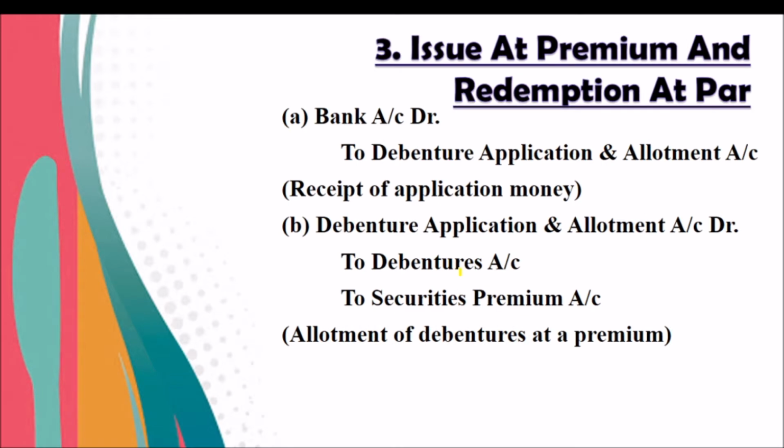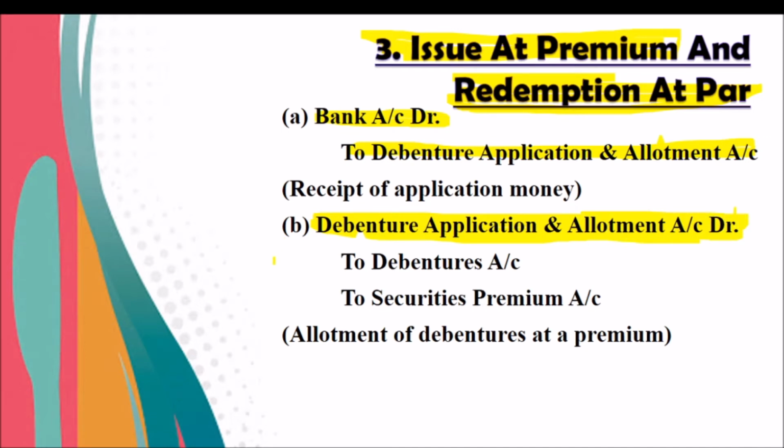And the third case, issued at premium. Debentures are issued at a premium but redeemable at par. First entry will be bank account debit to debenture application and allotment. We will receive the application money and allotment money with the premium, and then we will transfer it to the debenture account and securities premium account.